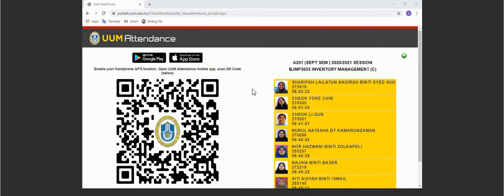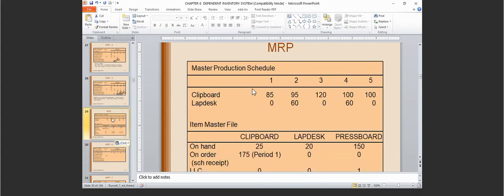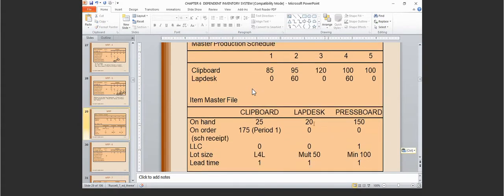So all of this information can be found in the master production schedule. We have the master production schedule for the lab desk, 60 unit in period 2 and 60 unit in period 4. And also information about the lab desk, we have on-hand inventory of 20 unit, lot sizing technique is multiple 50 unit, and the lead time is 1 period.